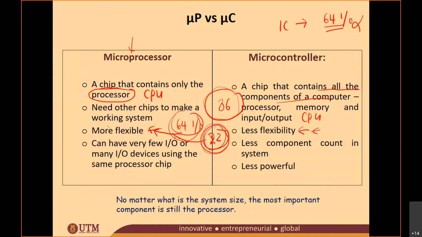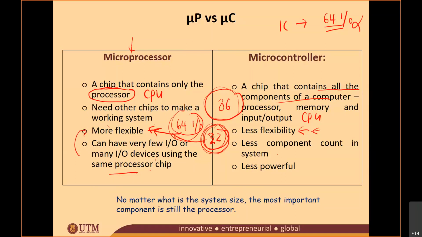Next, the microprocessor can have very few I/O or many I/O devices using the same processor or chip. This is similar to being more flexible. You can have many I/O by using the same processor. And for the microcontroller, there is less component count in the system, because all of the RAM and I/O you need to put inside one chip.